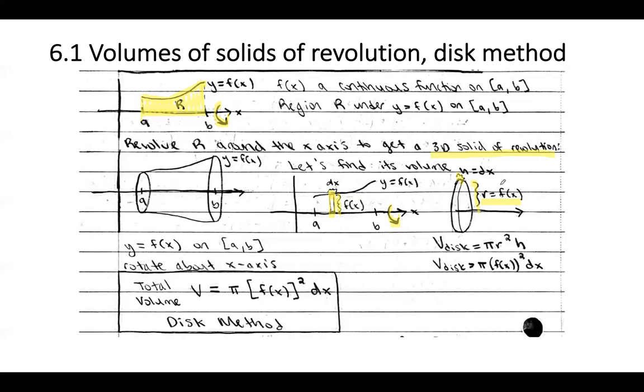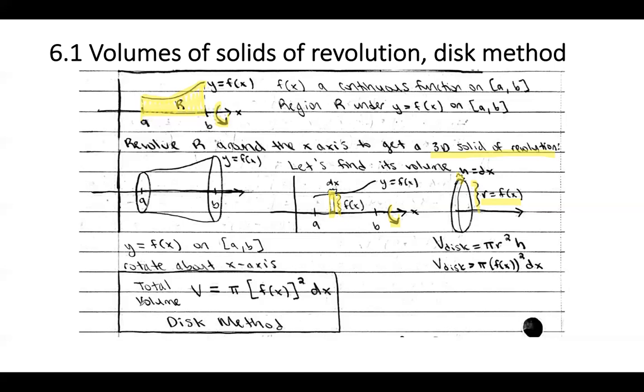So this volume equation may look familiar, right? Pi r squared h. And we're going to substitute in what we just set up, right? Our r being f of x and our h being dx. So we get the volume of the disk equals pi f of x squared dx. So this is if we revolve some function y equals f of x that's continuous on a to b about the x-axis.